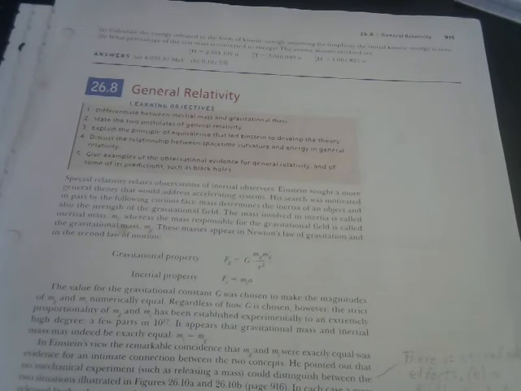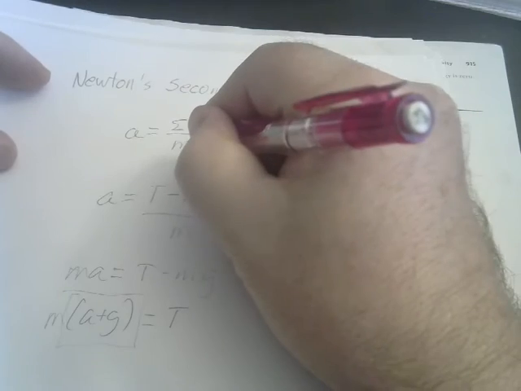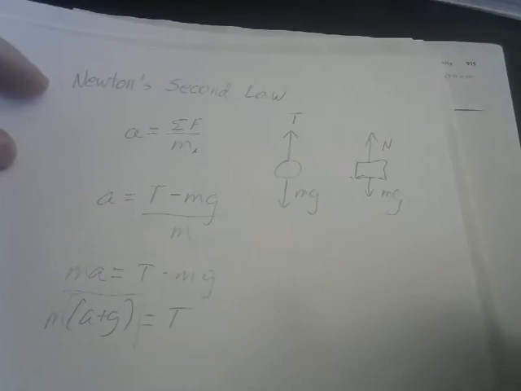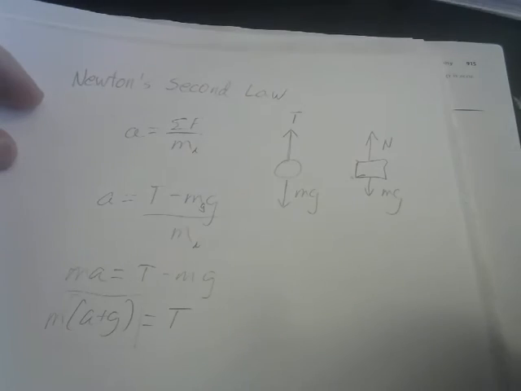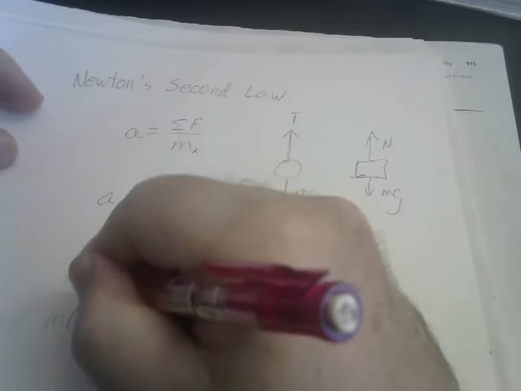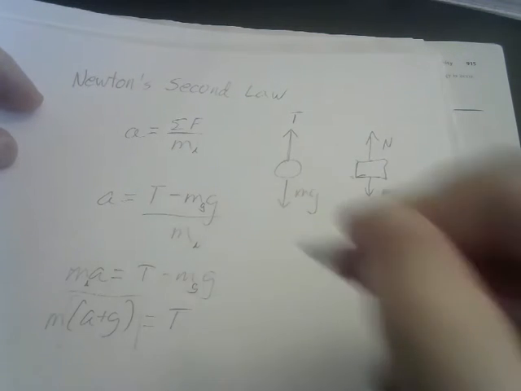So let me put that in the equation. We're going to put m sub I right there, m sub g there, and m sub I there. And then m sub I there, m sub g there.